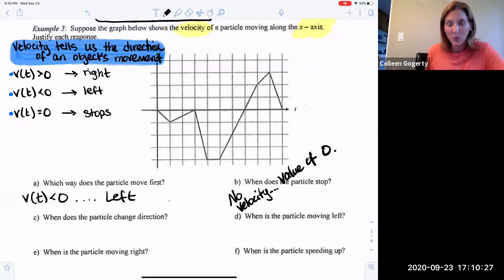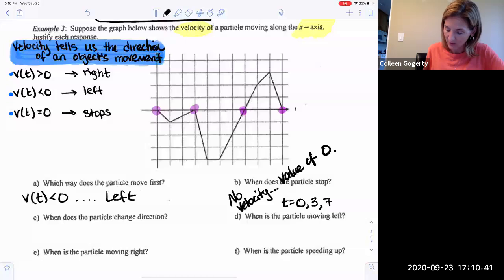So when do we have on this graph a value of 0? There they are. I got 4 of them. So t equals 0, and it looks like 3, 7, and 10 seconds. I'm going to erase those off of my pretty picture.